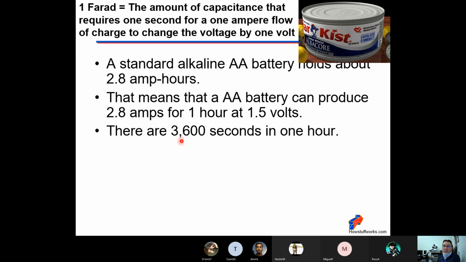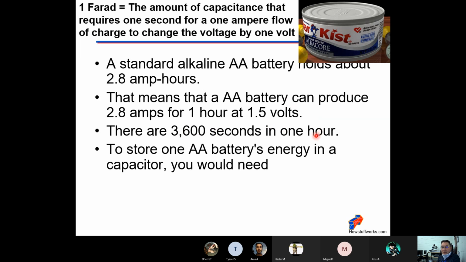There are 3,600 seconds in 1 hour. To store 1 AAA battery's energy in a capacitor, you would need 6,720 farads. They used that equation where we had our seconds and our amperage divided by our voltage to get our capacitance.